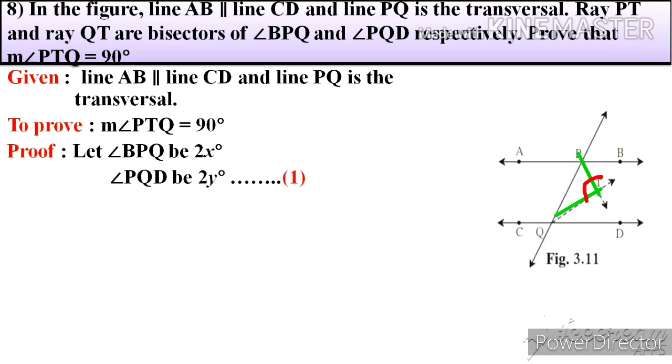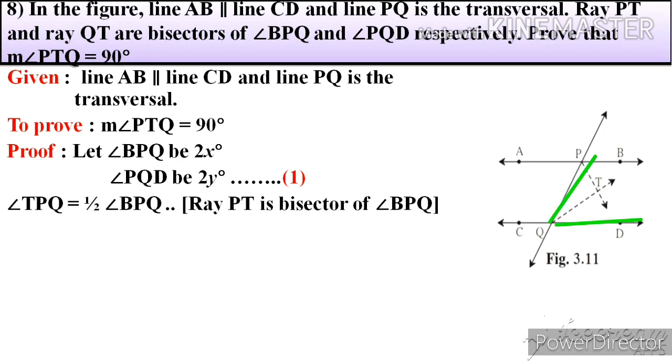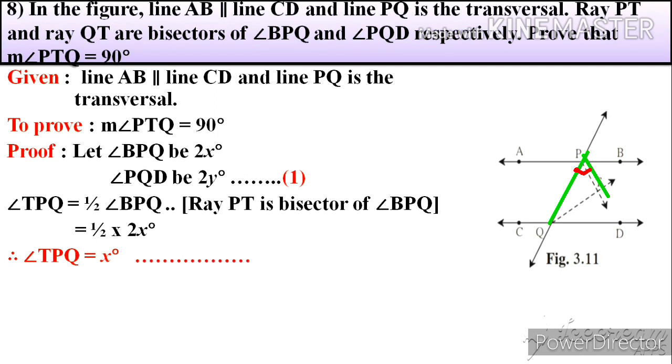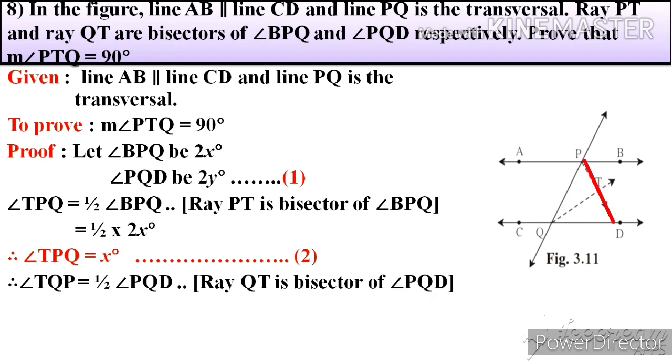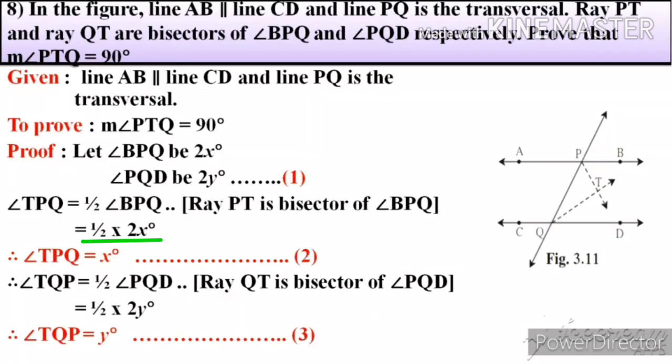Proof. Let us assume angle BPQ is 2x degree, angle PQD is 2y degree. With equation number 1. Angle TPQ equal to half of angle BPQ. Ray PT is the bisector of angle BPQ equal to half into BPQ value is given 2x degree from first.